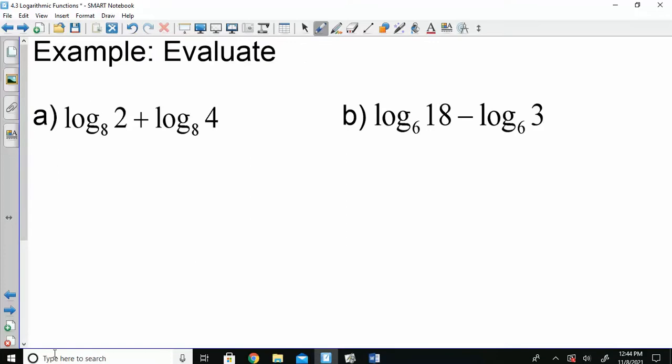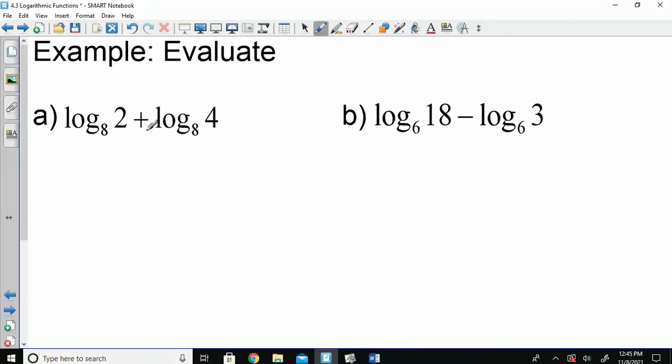So I want to take a look at a few examples. So on this one, you might be able to figure this out. This is saying 8 to what power equals 2, and 8 to what power equals 4. But they aren't obvious answers.